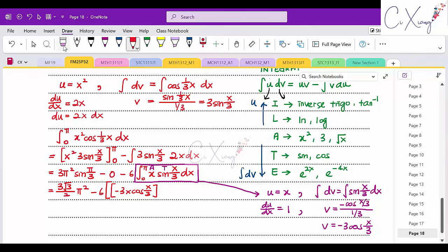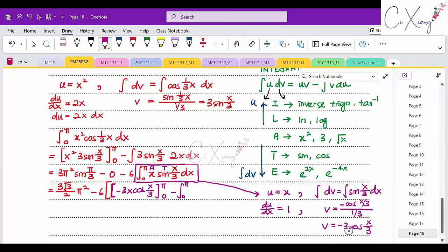And you need to put in the limit. So I have negative 3x cos x over 3 for uv. You need to put in the limit pi and 0, then minus the integration of v du.